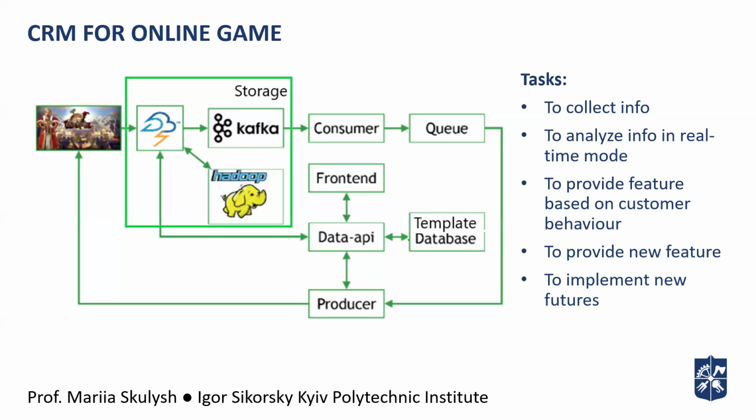So this is for processing the exact proposition. From the other side, this producer of the proposition uses some other information from this Kafka storage.